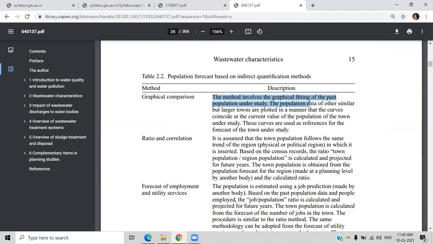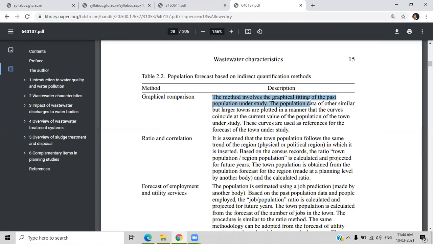So in this method, the past population data are fitted in the form of a graphical pattern. The population data of other similar but larger towns are plotted in a manner like, let's take an example: we have to develop a wastewater treatment plant for Vadodara city with the help of graphical comparison.